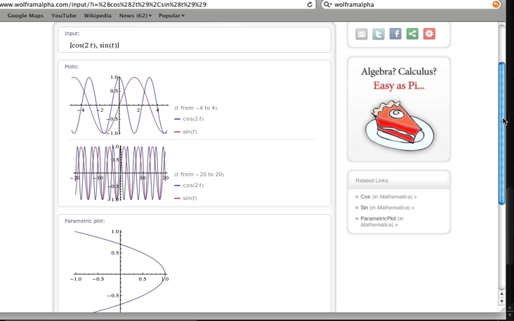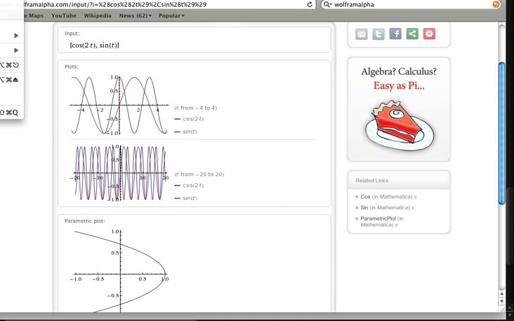So then when t is equal to, let's say, pi over 4, cosine is root 2 over 2, right?